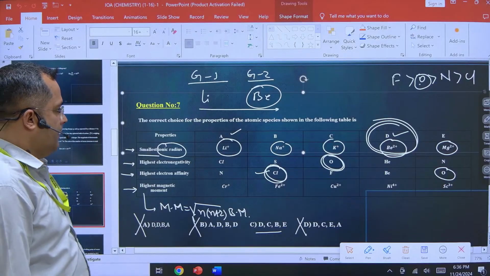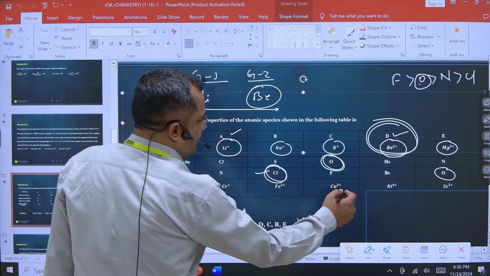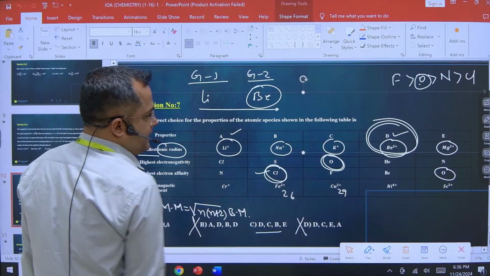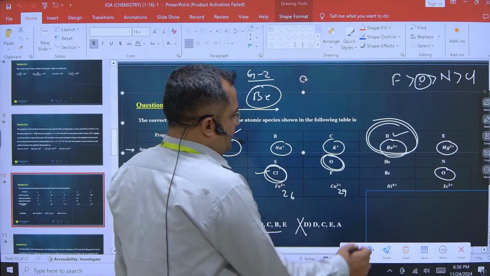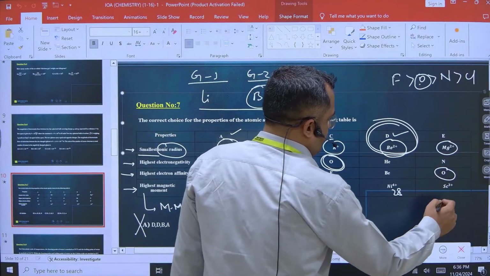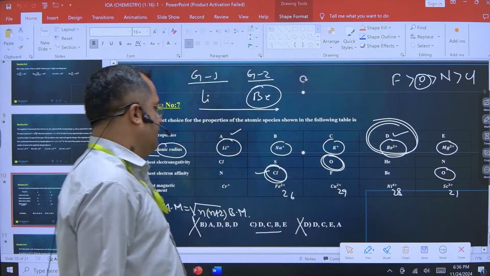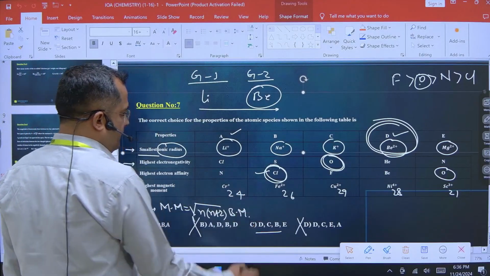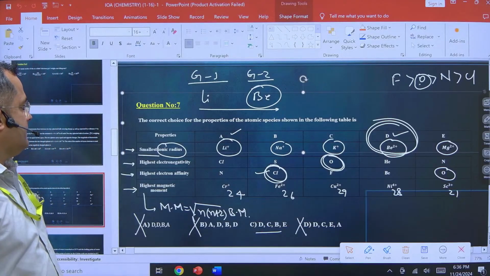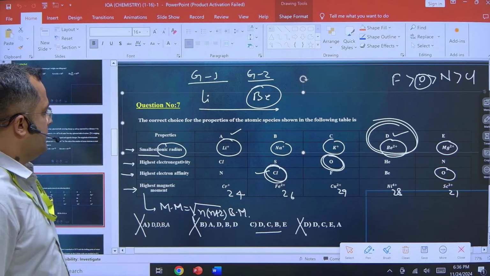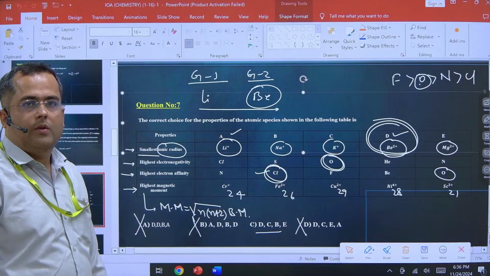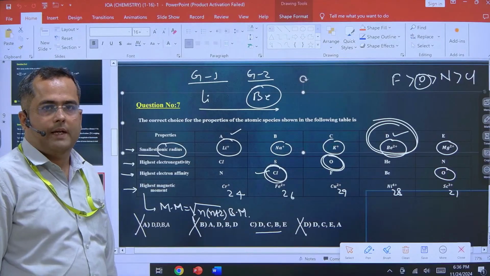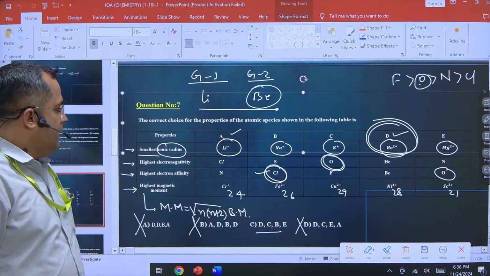Okay. We all know copper is 29, iron is 26, nickel is 28, scandium is 21, and 24 is chromium. So from here we can say Cr+ is there, and we all know for chromium and copper, exceptional case electronic configuration.